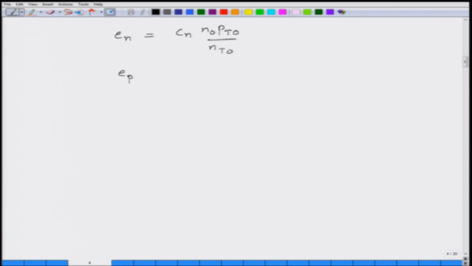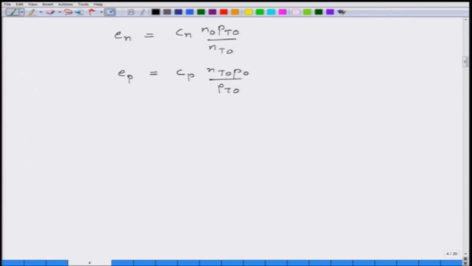And for holes, the emission coefficient for R-G statistics will be C_p times n_T0 p_0 over p_T0.